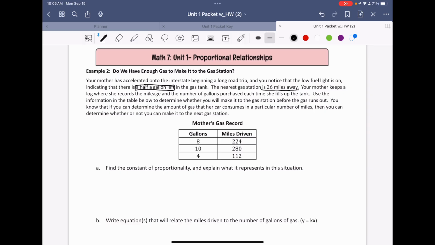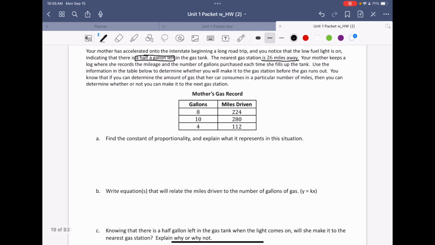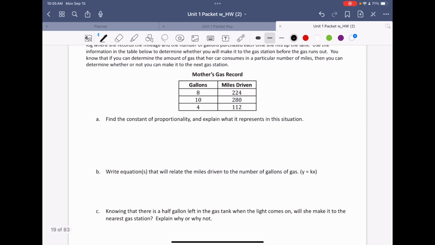You know that if you can determine the amount of gas that our car consumes in a particular number of miles, then you can determine whether or not you'll make it to the gas station. All right, so we've got a chart here with gallons and miles driven. First thing it says is find the constant of proportionality and explain what it represents in this situation.